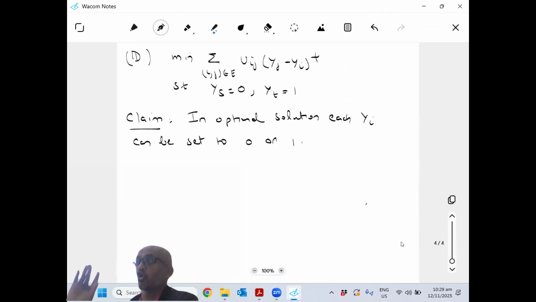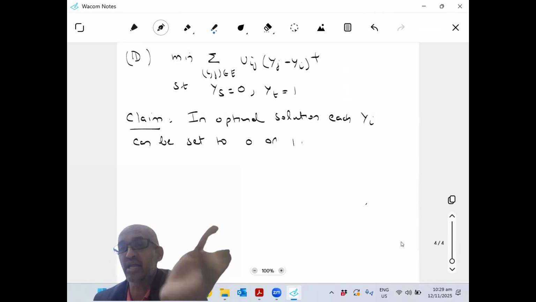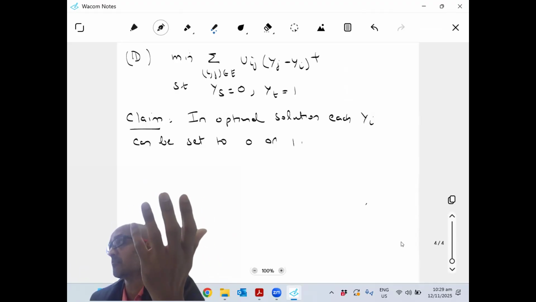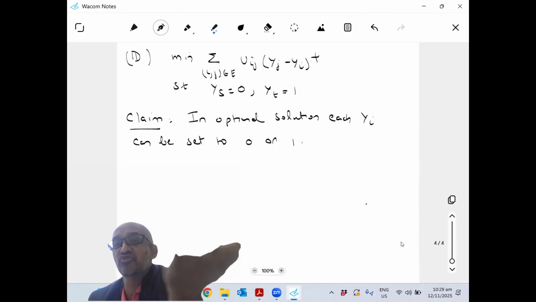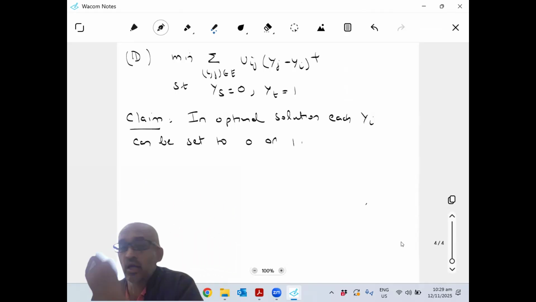This is not as clear, because firstly y is general. y can be any real number. This is some convex function. So we need to argue this. Why? Let's think about what can happen.